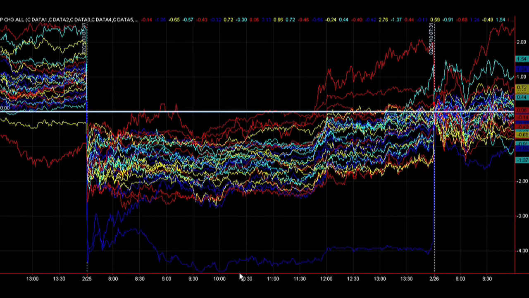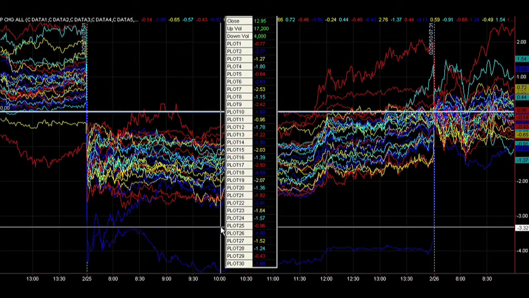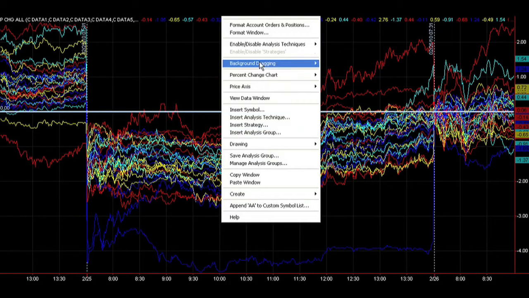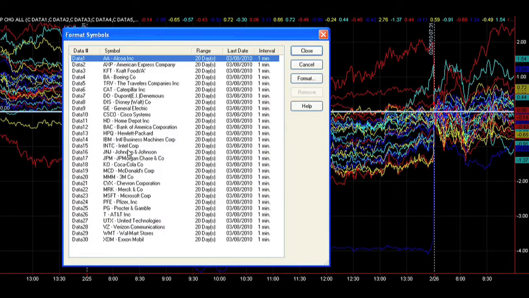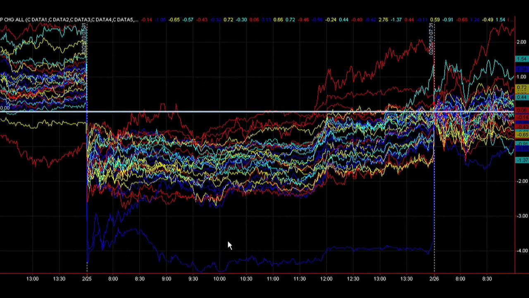So for example, this outlier here that's way down here, that is number 18, that was -4.59 at that point. And if you take a look at number 18, you're looking at Coca-Cola. One outlier doesn't really affect the index. Two, not so much. Once you get to three, then all of a sudden you've got the index being affected.